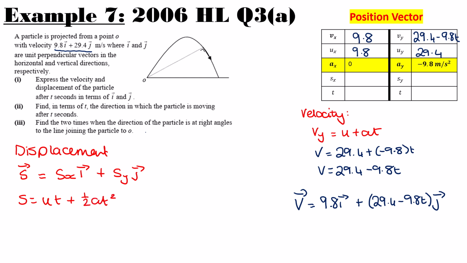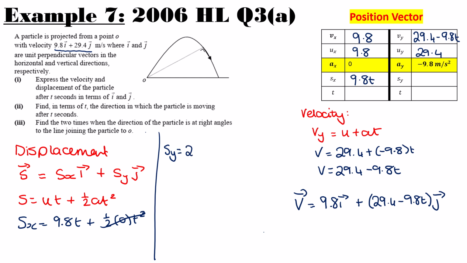So sx is going to be 9.8 times t plus a half times 0t squared, which disappears, leaving us with simply 9.8t. Lovely and straightforward. For sy, we have u, which is 29.4 t, plus a half times minus 9.8 t squared. So that's going to give us 29.4 t minus 4.9 t squared.